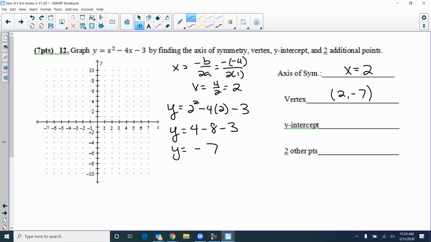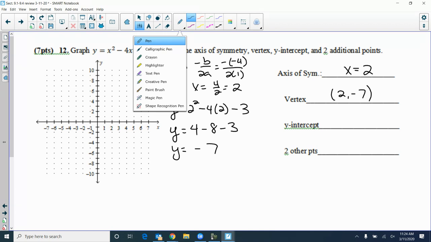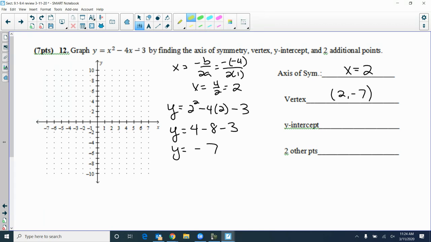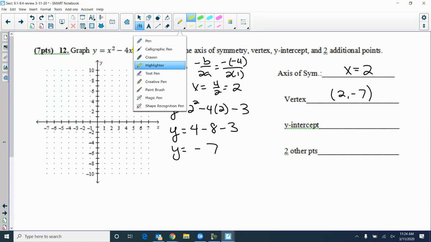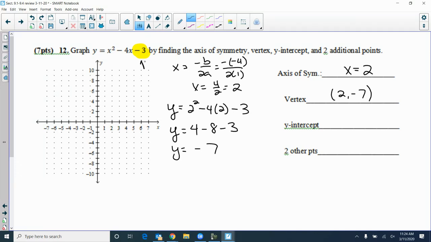All right, so at this point, Leighton, I was going to tell you to do the y-intercept. What is the y-intercept? -3. (0, -3). Okay, the y-intercept is the number that is just by itself, as is always the case. So it is (0, -3). Now before I find the two other points, I need to graph what I have. The axis of symmetry is x equals 2.